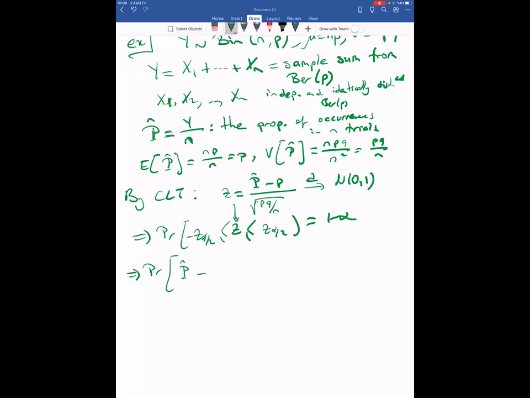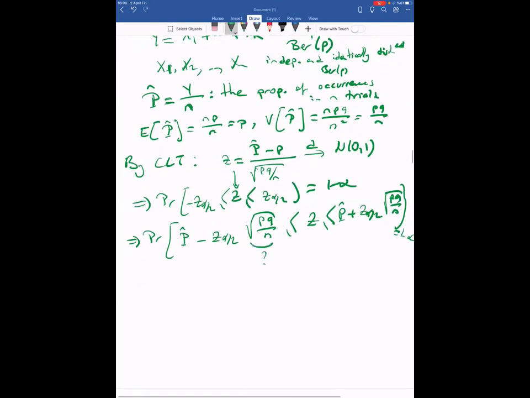So we have p hat minus z alpha over 2 times square root of pq over n, and similarly p hat plus z alpha over 2 times square root of pq over n. Okay, so this is 1 minus alpha. But this interval contains unknown parameters, so we don't know this part. This is the main problem here. So we need to get rid of this quantity. This is an approximate confidence interval, if you remember.